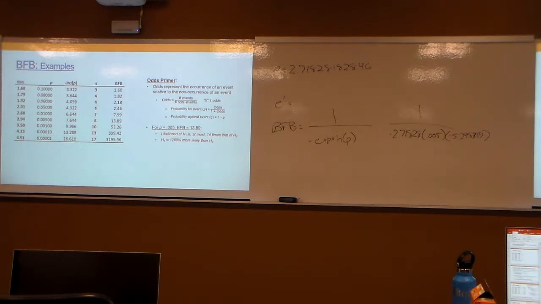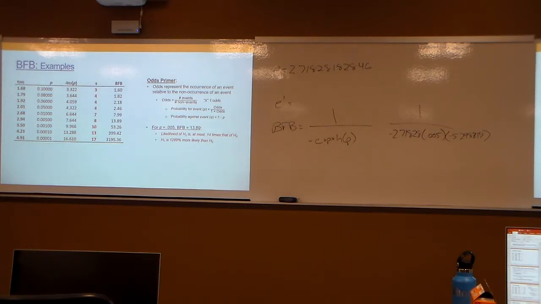We could also say, because the Bayes factor bound, we're giving these as just a number, but essentially what this is, is 13.89 to 1, right? So for every one occurrence of our null, we're getting close to 14 occurrences of the alternate here, right?